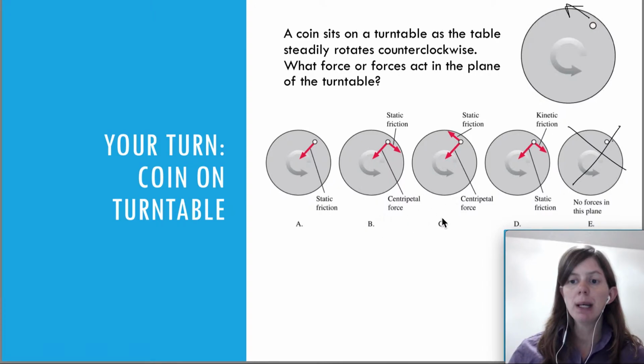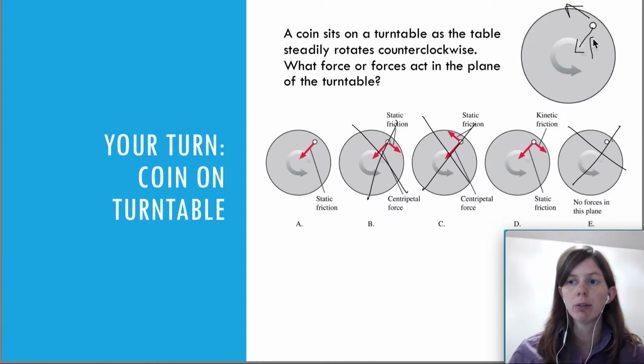So choices B and C here say that there's a centripetal force going toward the center. That's never going to be our answer. Centripetal force is not a separate force. We have to look at one of our familiar forces, and that's the one that's causing that circular motion. So between choices A and D, they both have the static friction force pointing toward the center, and that's kind of counterintuitive, but really that's the correct force here.